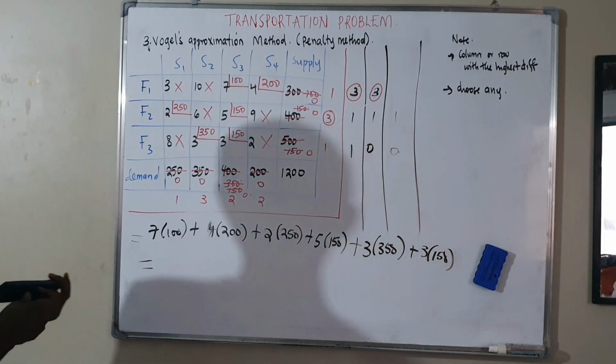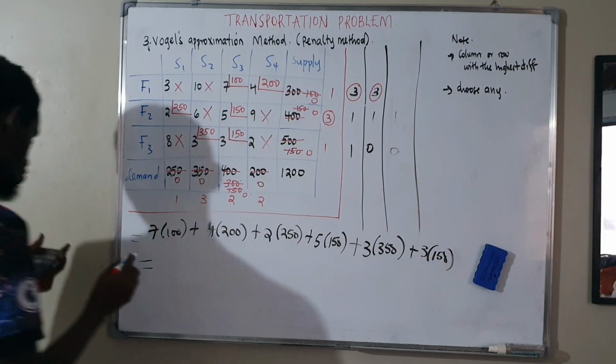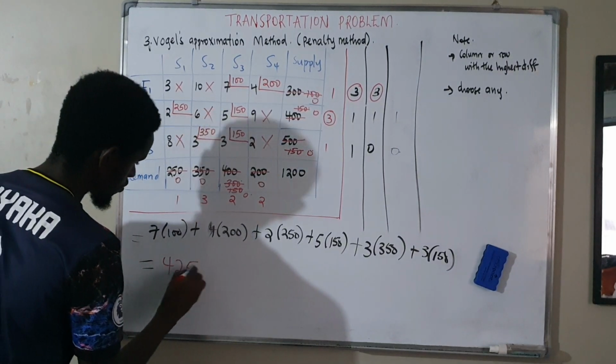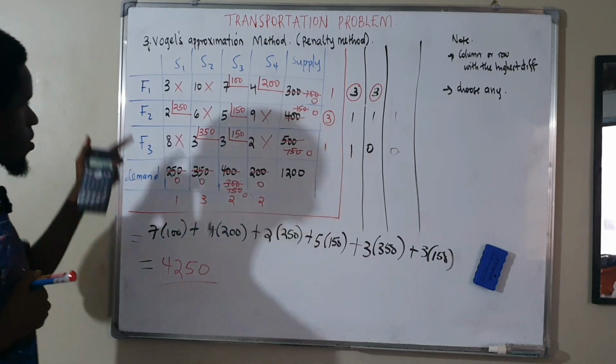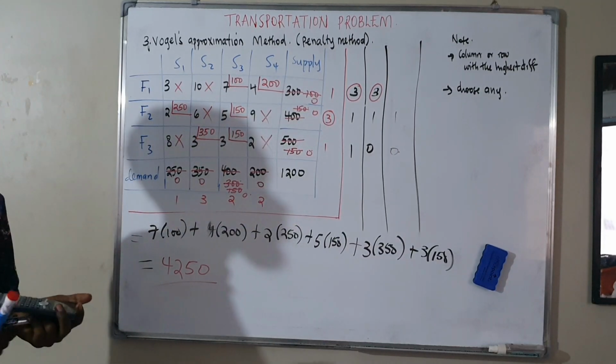Then the answer is going to be 4250. This is the cost of transporting the commodities from the different factories to the given stores, as I have explained.